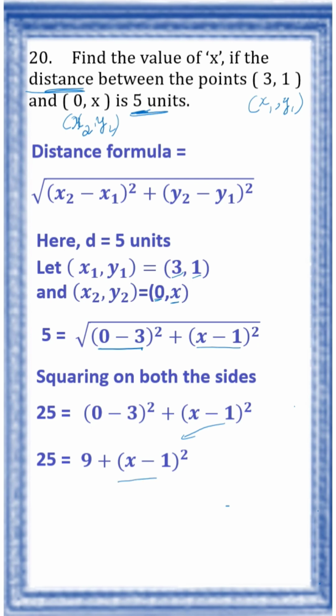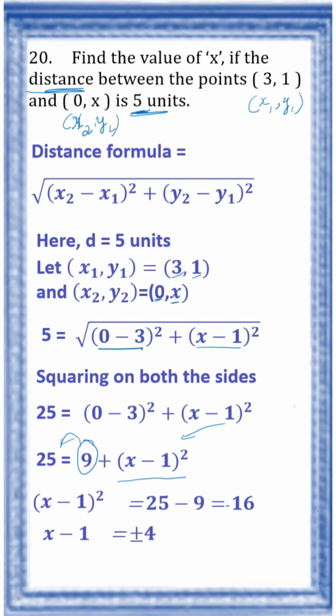Now let us keep this in one place and move 9 to this one. So x minus 1 the whole square, it is unknown, no? So we have to move it to the left hand side. So that is equal to 25 minus 9, that is equal to 16. So x minus 1 is equal to square root of 16, plus or minus 4.